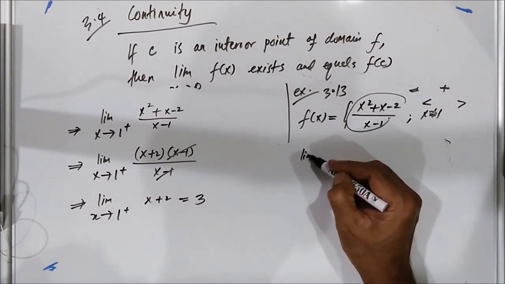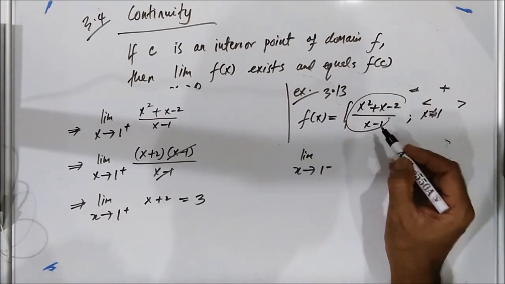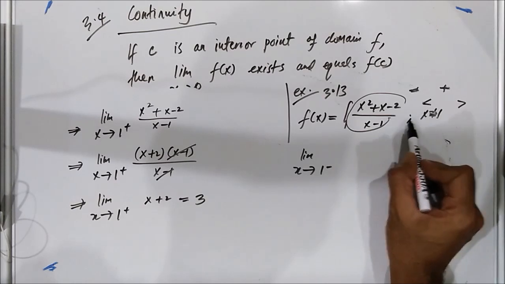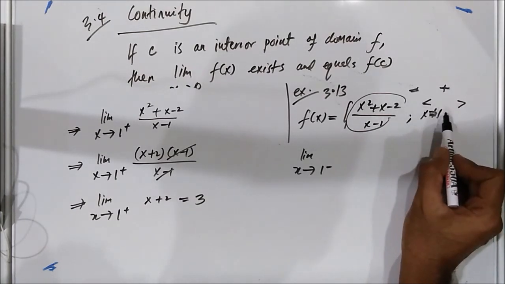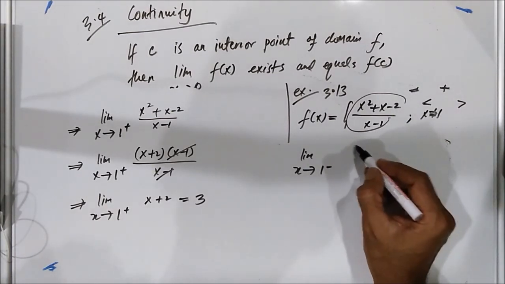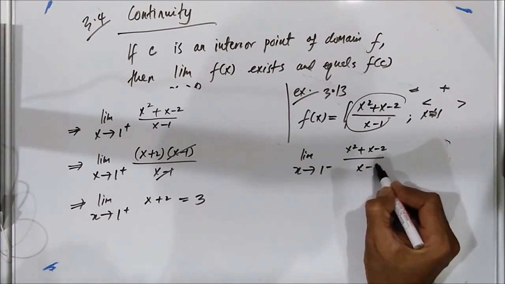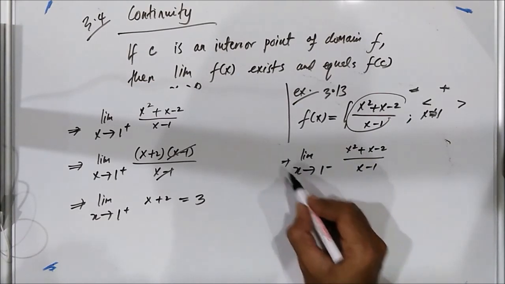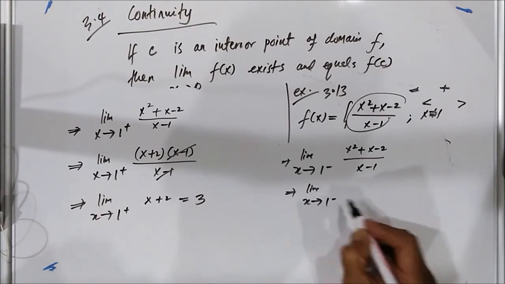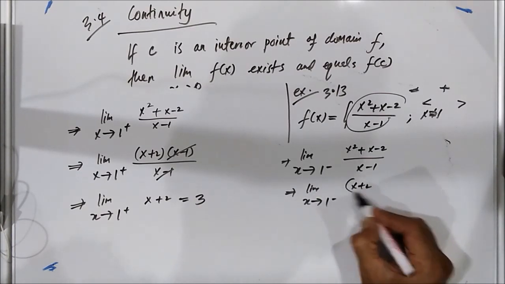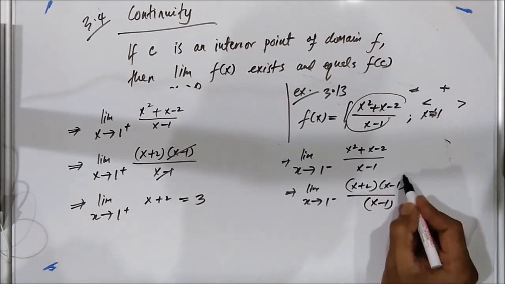So the limit of x approaching 1 in the negative direction of x squared plus x minus 2 over x minus 1 can be written as the limit of x approaching 1 in the negative direction of (x plus 2)(x minus 1) over (x minus 1), and the x minus 1 can be cancelled off.